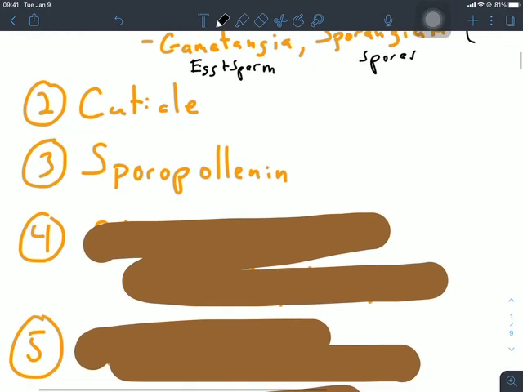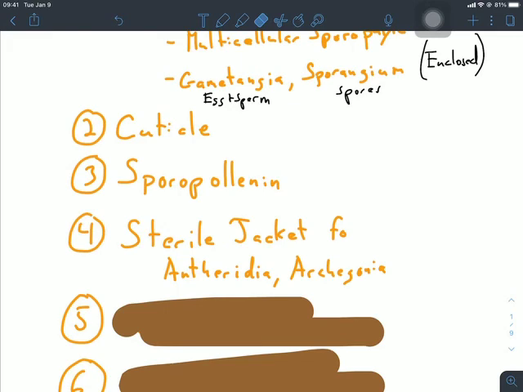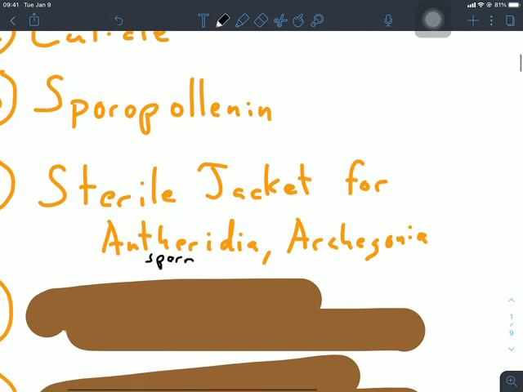Additionally, another protective layer that we see in these structures that are making our egg and sperm is a sterile jacket. Sterile jacket for our antheridia and archegonia. Antheridia being the specific structure that makes sperm, comparable to an anther of a flower, and archegonia being the structure that makes eggs, comparable to the ovaries of a flower.